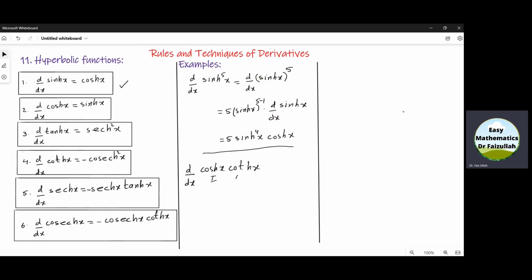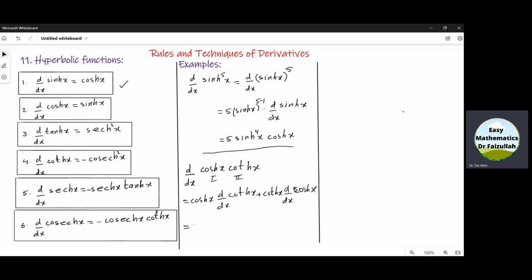Here we use the product rule because there are 2 functions and they are in product. So we write first function, differentiation of the second function, then plus second function, differentiation of the first function.